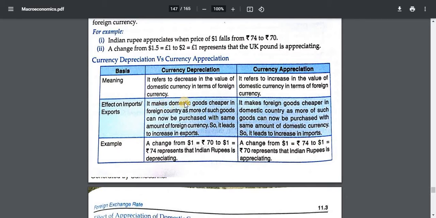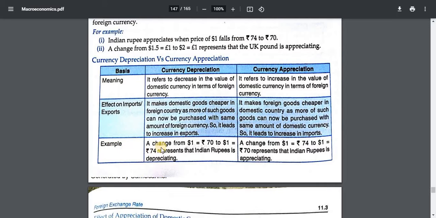Depreciation makes domestic goods cheaper in foreign country as more of such goods can now be purchased with the same amount of foreign currency. So it leads to increase in exports. Appreciation makes foreign goods cheaper in domestic country as more of such goods can now be purchased with the same amount of domestic currency. So it leads to increase in imports.